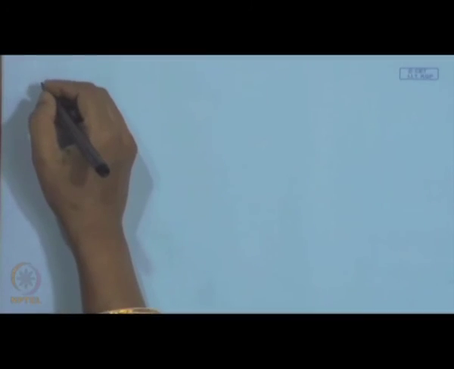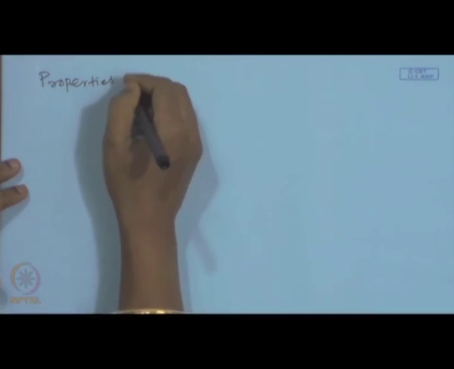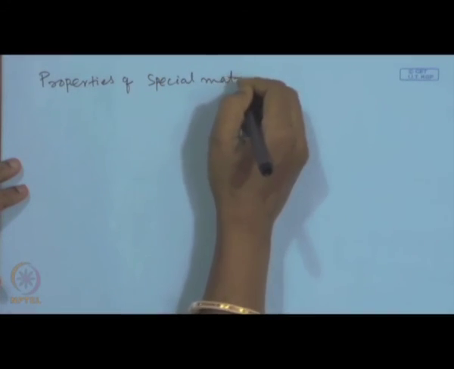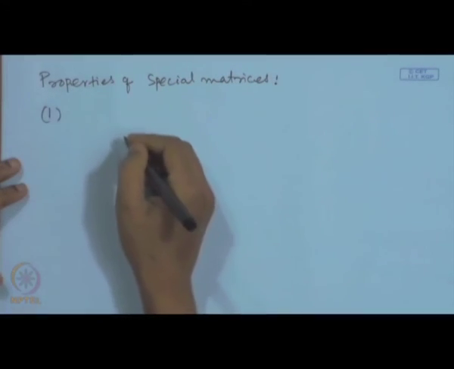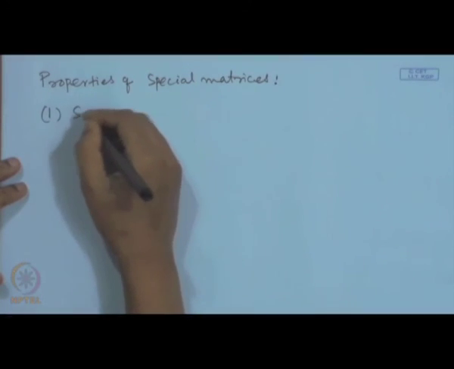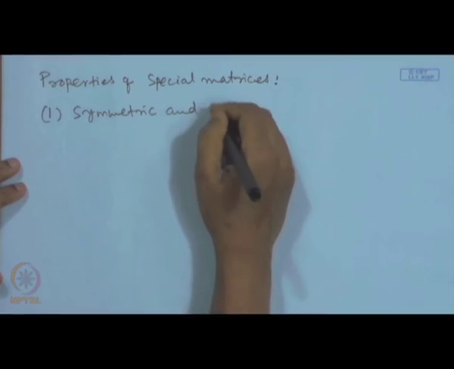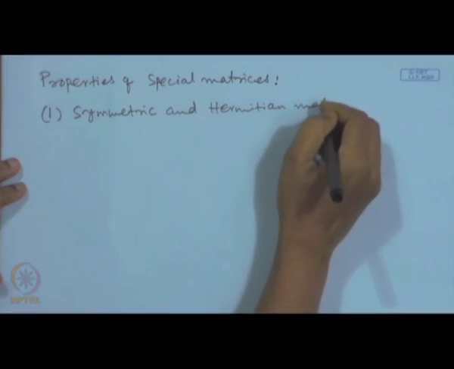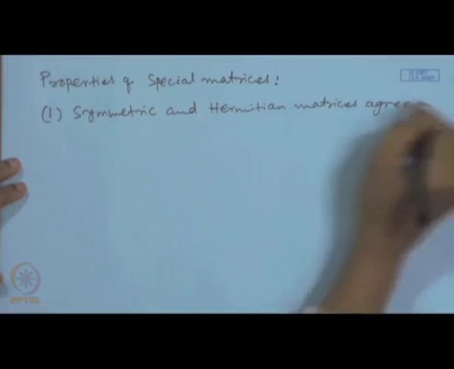So, quickly we can have some properties of these special matrices. The first property is that symmetric matrices and Hermitian matrices agree on the real field.